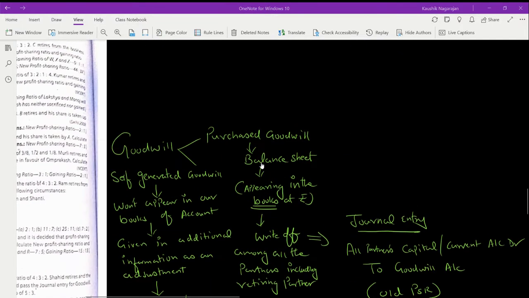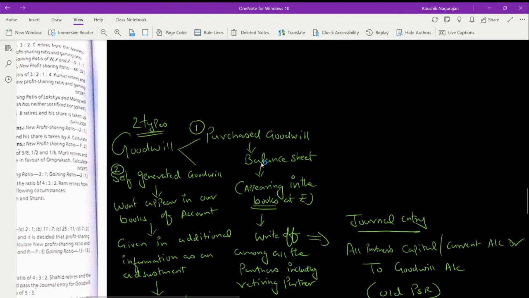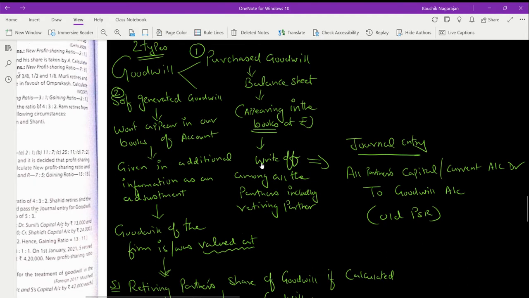So to sum up, goodwill is basically of two types: purchased goodwill and self-generated goodwill. This is type number one, and this is type number two. And we have said where it will appear: in the balance sheet, or in the adjustments as additional information.